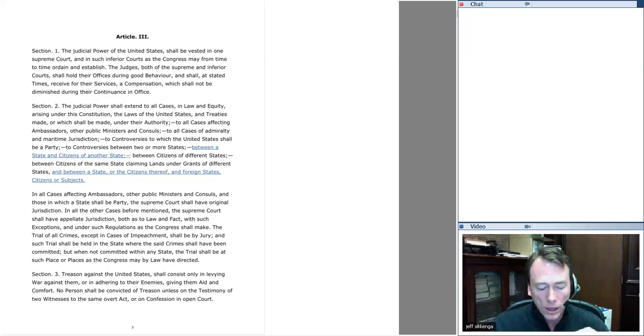Section 2 says that the Supreme Court will be independent and the federal courts will be independent by having an independent jurisdiction, that their jurisdiction will not be subject to complete control by Congress or by the executive, that the Constitution spells out what cases they can hear, and it makes it clear that they can hear those cases.